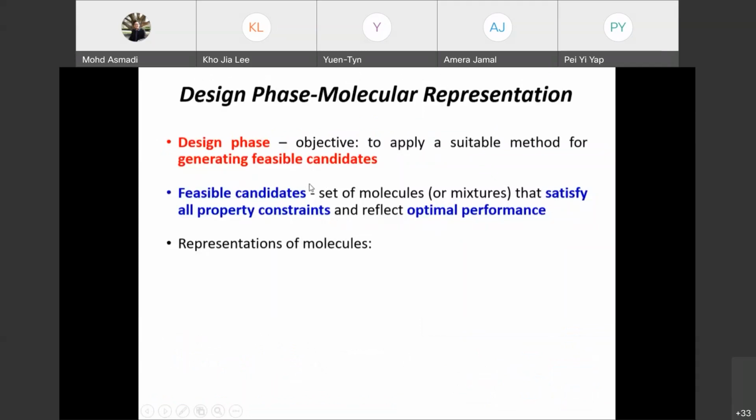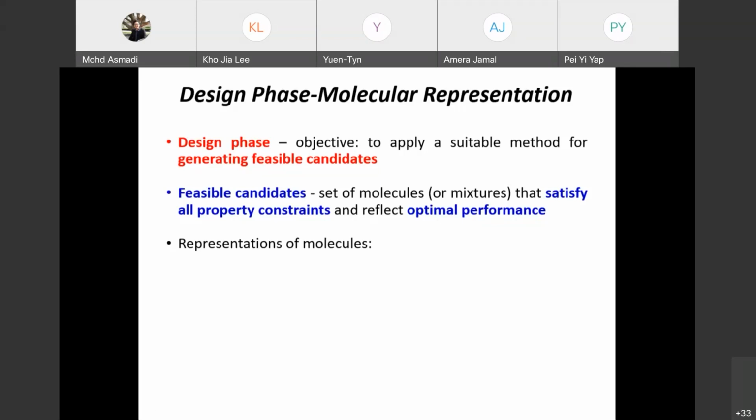Here the feasible candidates can be a set of molecules or mixtures that satisfy all property constraints and reflect the optimum condition, including molecules or mixtures, so it reflects the optimal performance, not only for molecules but also for mixtures. In order to generate the feasible candidates, we have to know how to represent the structure of the molecules.